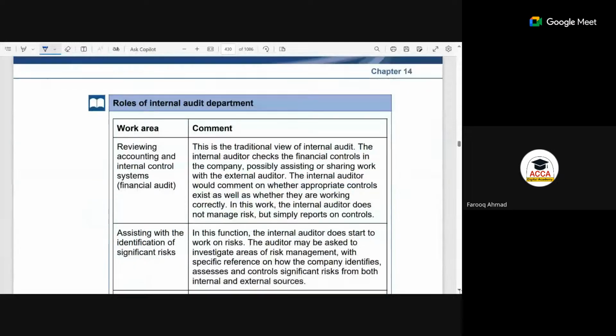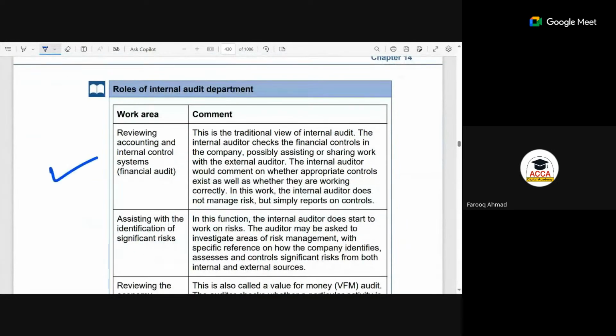Roles of the internal audit committee or internal audit department: reviewing accounts and internal control, assisting with the identification of risk and how this is done. Once you understand the concept, it is easier for you. How reviewing accounting control, traditional review of internal audit. The internal audit checks the financial control, possibly assisting and sharing work with the external auditor.